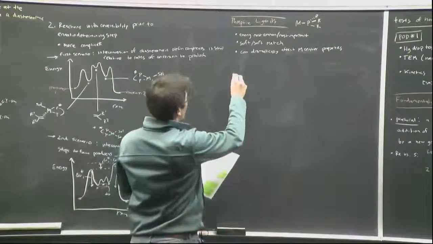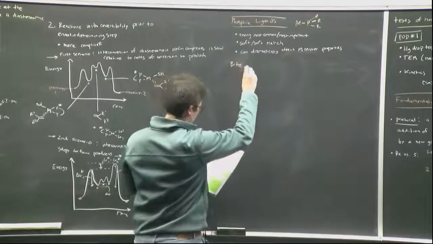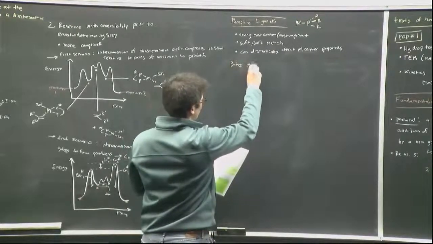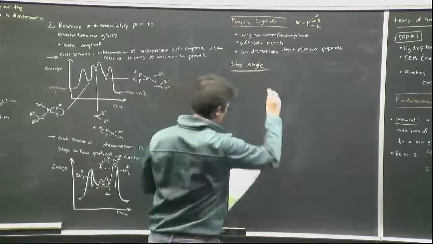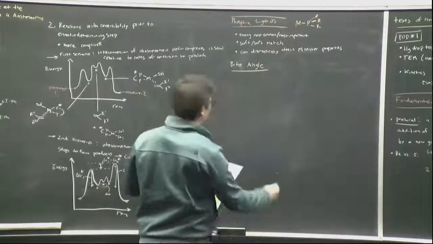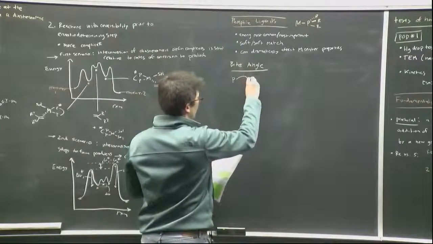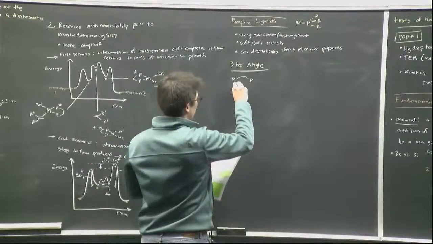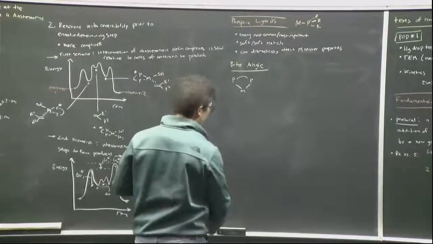And so a common class of phosphine ligands are bidentate ligands. And here an important descriptor is the bite angle. So bite angle refers to, in a bidentate ligand, this angle here.